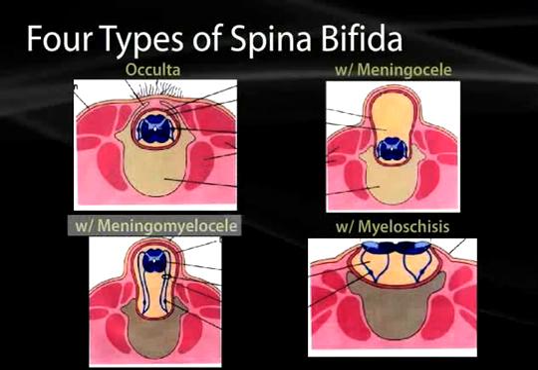So we have a meningomyelocele, and the meningomyelocele is different from the meningocele, and it's worse because the spinal cord has left the vertebral canal protection and has protruded out into the cystocele that's been made because of the lack of the vertebral arch to contain it. These children oftentimes have spinal cord injuries, or their spinal cord is injured at the time of birth.